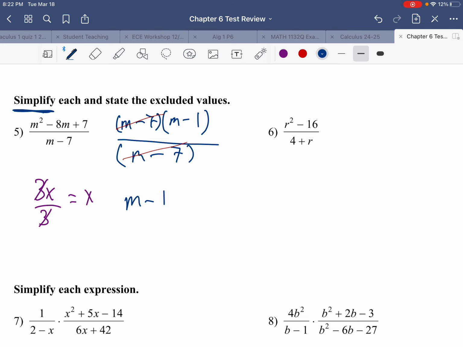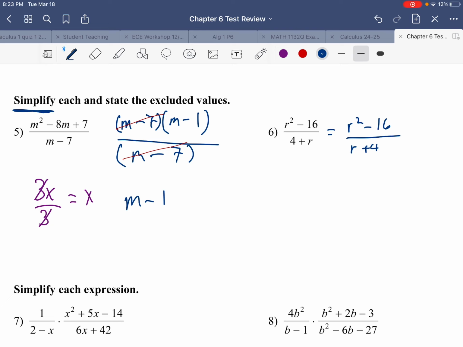For number 6, I have r squared minus 16 I'm dividing by 4 plus r. So I could rewrite this like r squared minus 16 over r plus 4. When I'm adding in the denominator here, the order is not going to change, right?